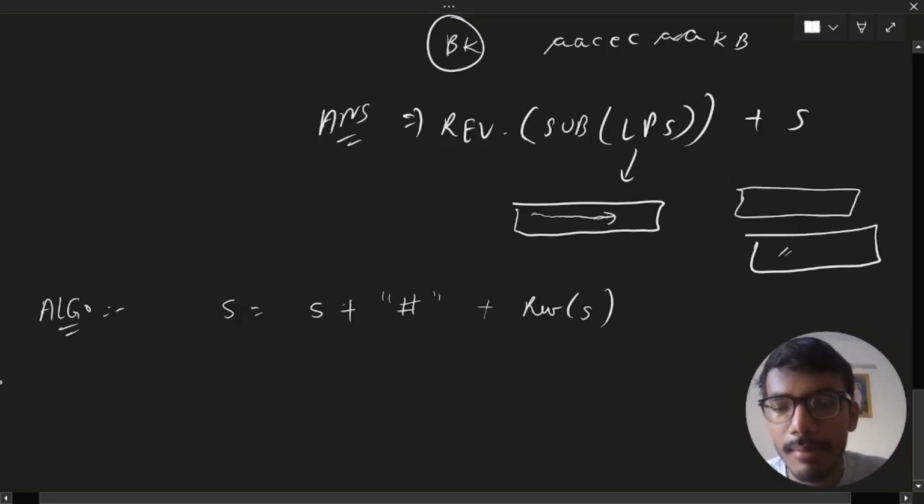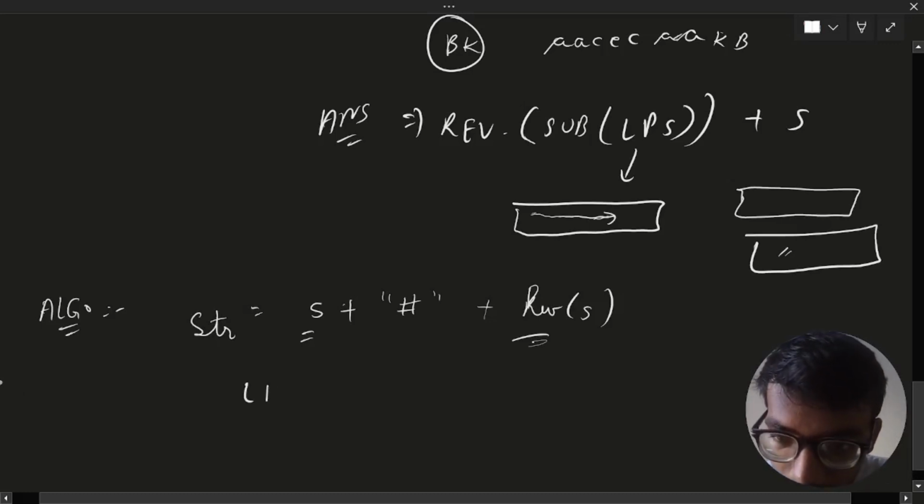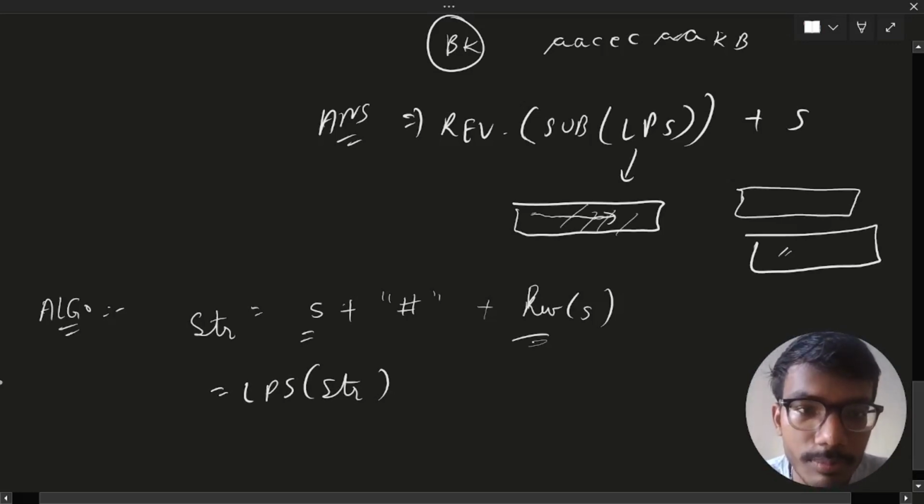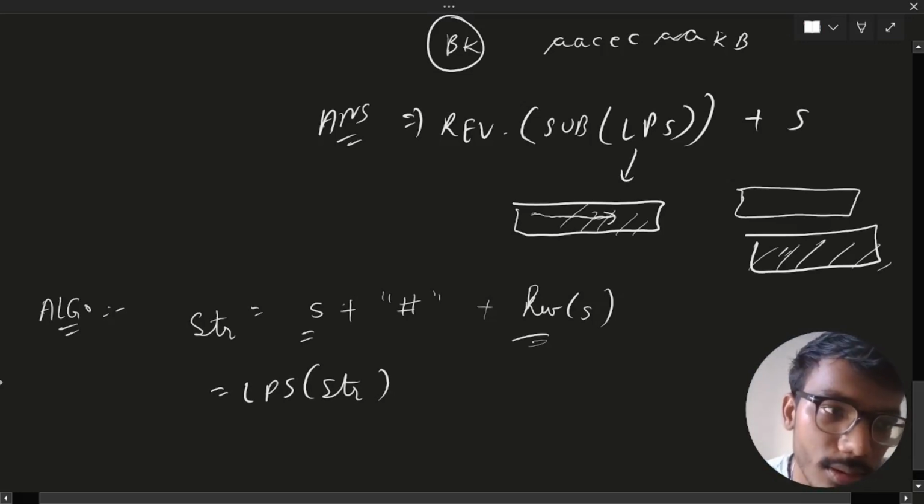So I am building this string: appending my reversal to the original string, separating them, and assigning it to str, a new string. Now I am finding LPS by passing this str. This LPS gives me the longest possible prefix which matches the longest possible suffix, which is nothing but the longest palindromic substring.